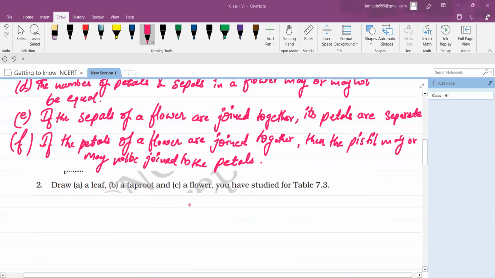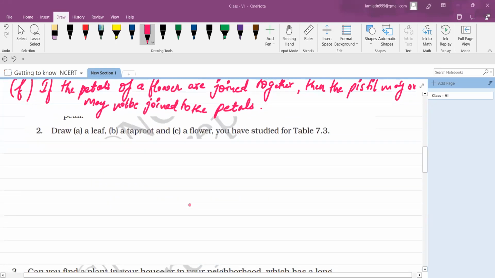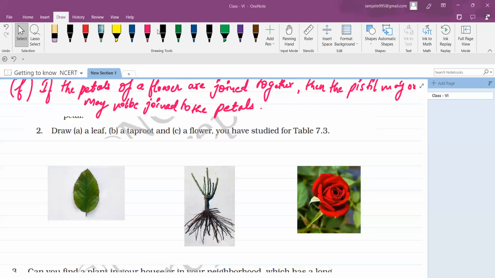Now let's move to the next question. Draw a leaf, a taproot, and a flower you have studied in table 7.3. In table 7.3, you have seen the rose plant. So we have to draw the leaf, the taproot, and the rose flower.